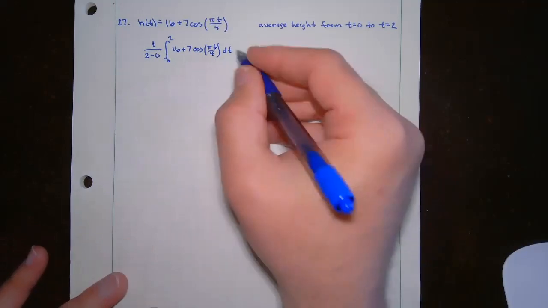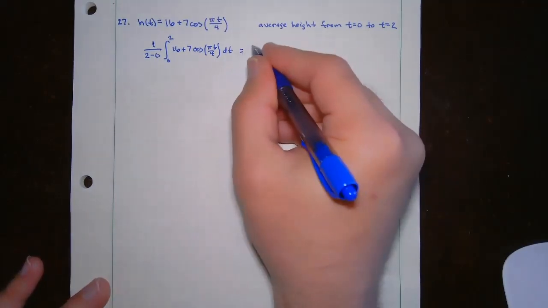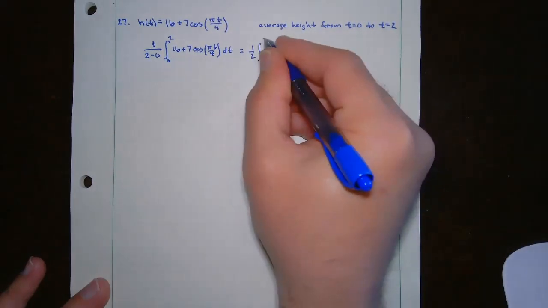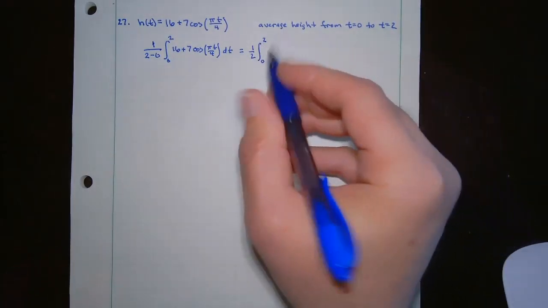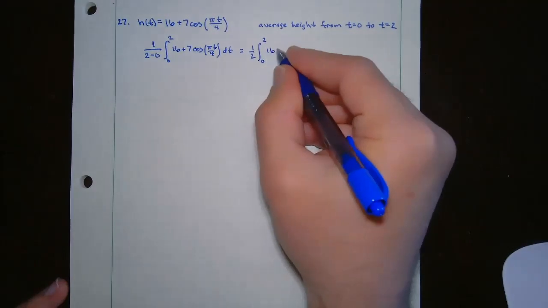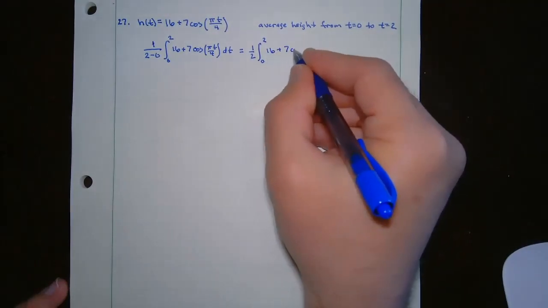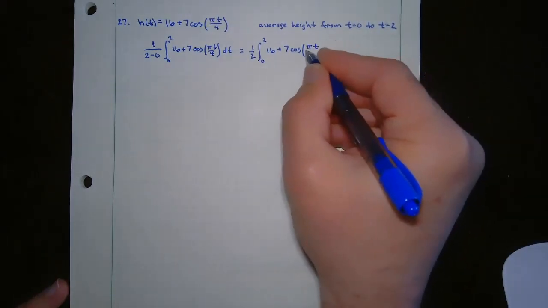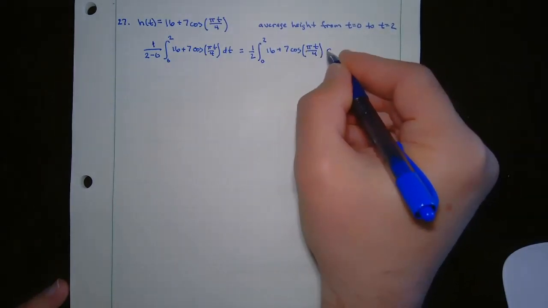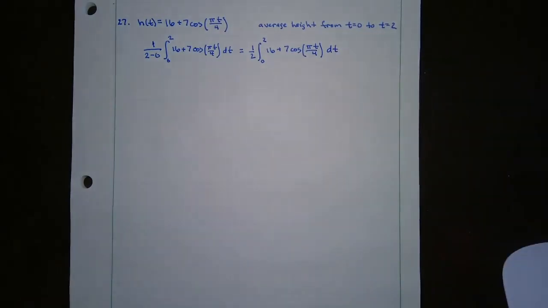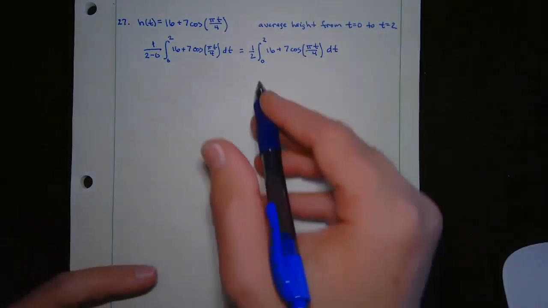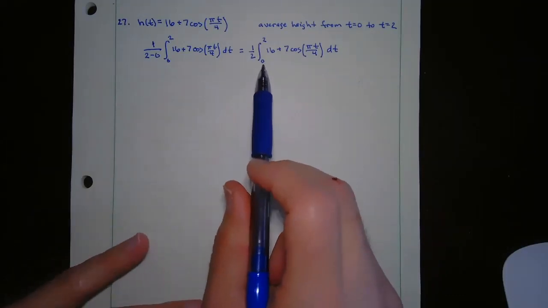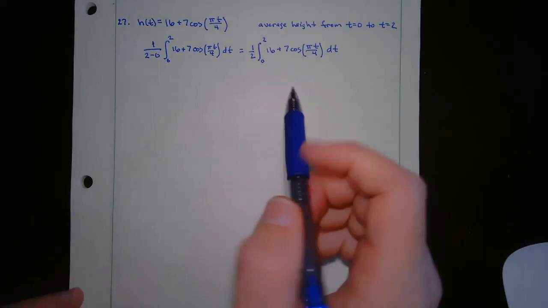So this becomes 1/2 the integral from 0 to 2 of 16 plus 7 cosine of pi t over 4 dt. Now what we're going to do is break this up into two separate integrals.